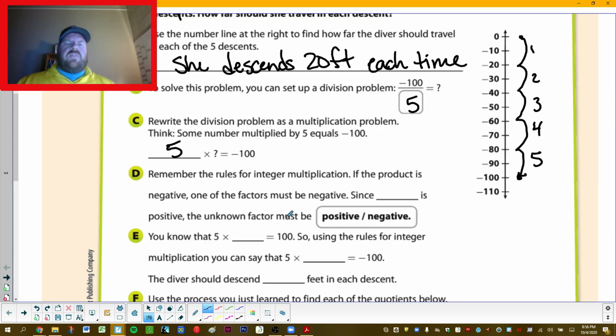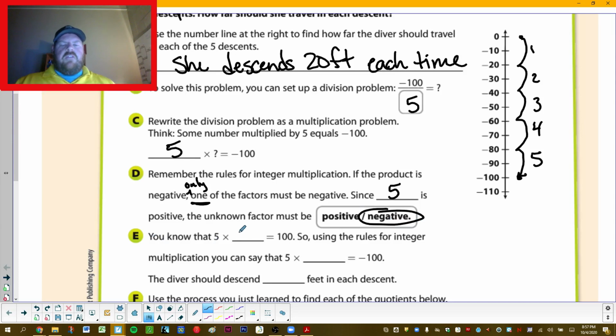Sign rules for multiplication: if the product is negative, one of the factors must be negative, and the key there is that only one of the factors is negative. Factors are the things being multiplied together. Since 5 is positive, the unknown factor must be negative.